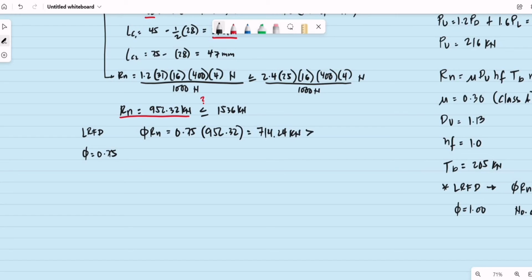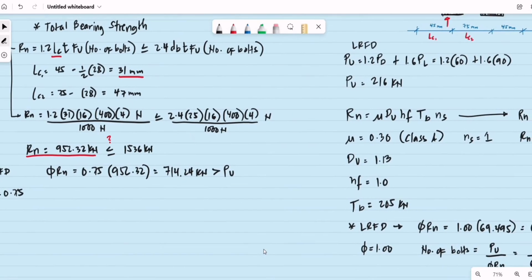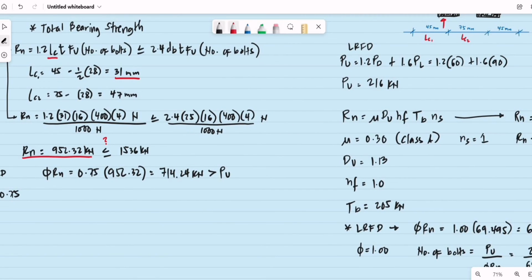This is greater than the value of our Pu, which is 216 kilonewtons. So we can conclude that it is adequate or safe.